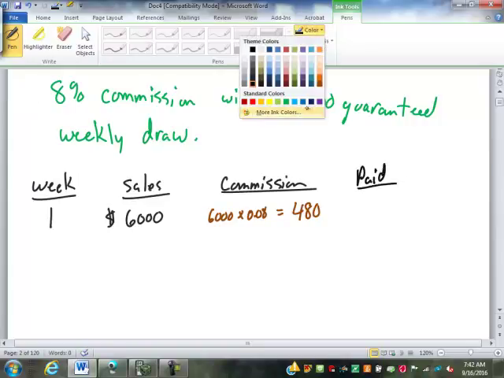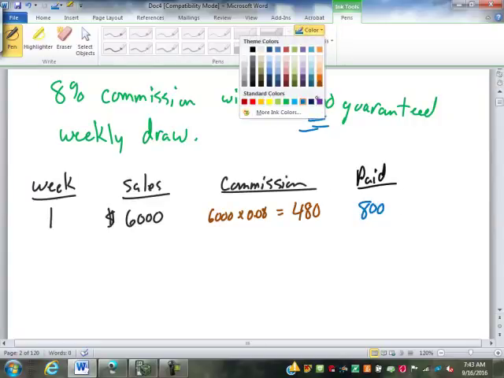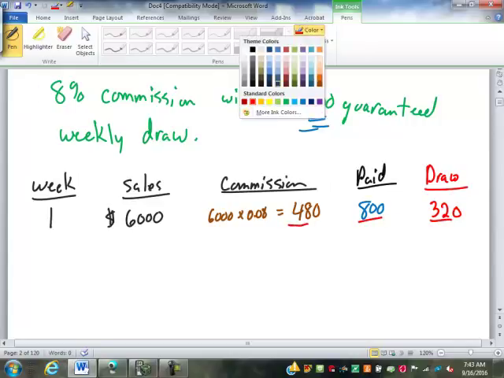How much are you going to get paid? Guaranteed $800, right? You only earned $480. So $480 of that $800 is commission. The remaining $320 is part of the draw. So it's your commission plus your draw equals what you're getting paid here.